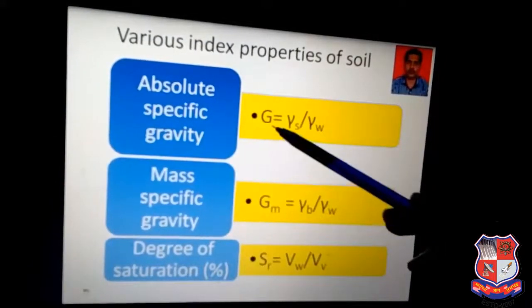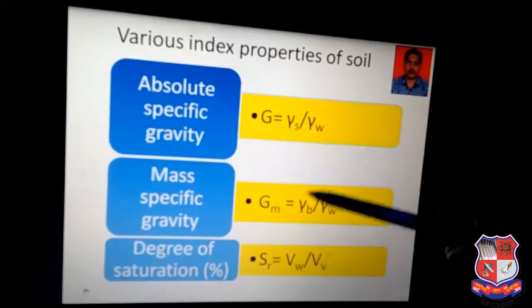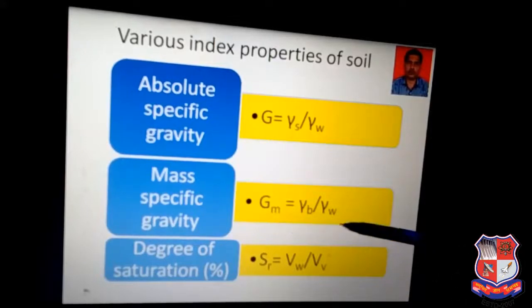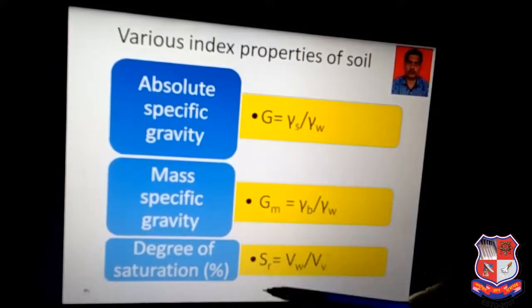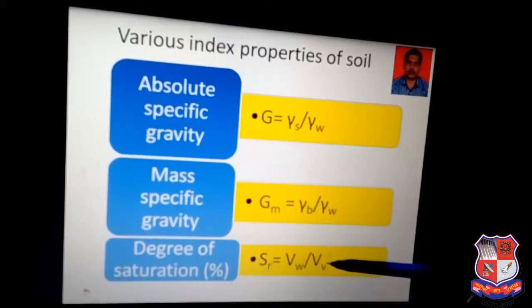Absolute specific gravity capital G, ratio of density of solids and density of water. Mass specific gravity Gm, ratio of bulk density of soil divided by density of water. Then degree of saturation Sr, ratio of volume of water and total volume of voids.